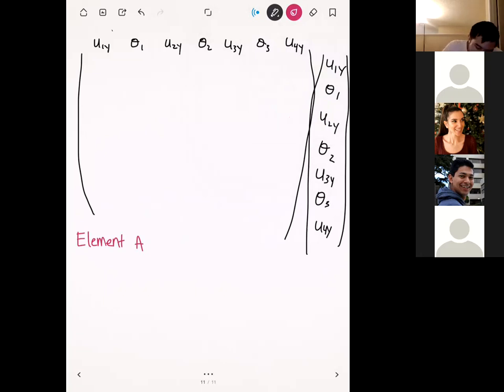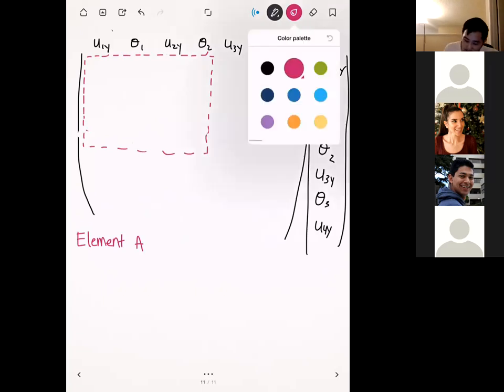And so we're going to box all of those together. Okay. All right, I need to go down a bit more, because theta 2 goes all the way down there. Okay. All right, so that's element A.